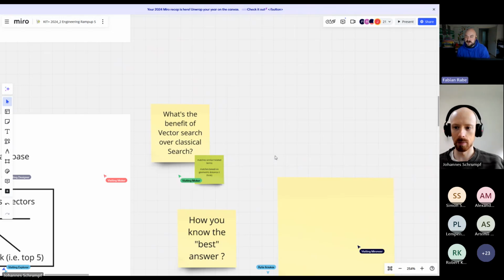And for these use cases, it can be really useful. For other use cases, a strict lookup, I have an ID, I have an address, I have this exact term, and it can't be like changing just one digit means a completely different thing, a classical search can still be very, very useful.